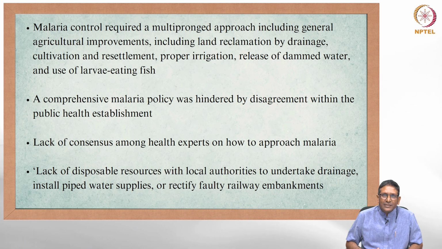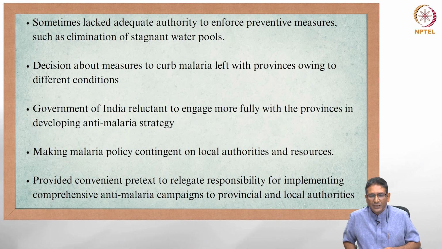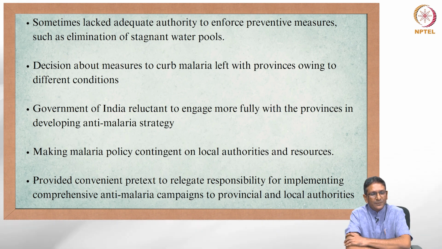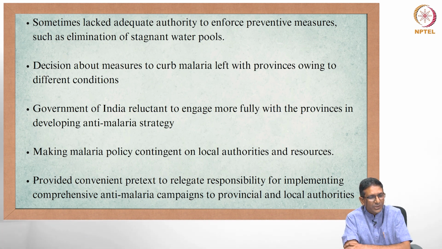And also so much of the work and expenditure had to be done at the local level, and these local authorities did not have the kind of disposable resources to undertake drainage work, to install proper piped water supply, or to rectify faulty railway embankments and water stagnations. And sometimes they lacked the adequate authority to enforce preventive measures, such as elimination of stagnant water pools.